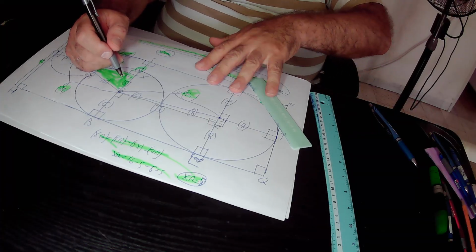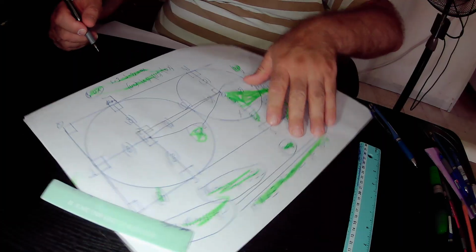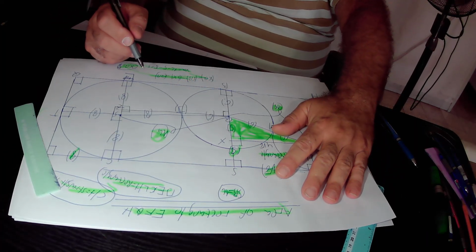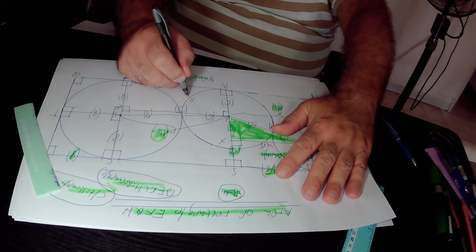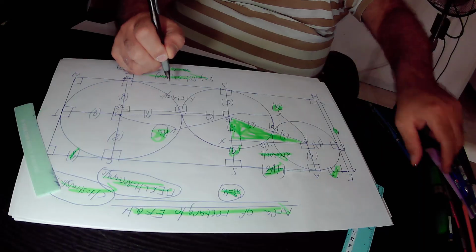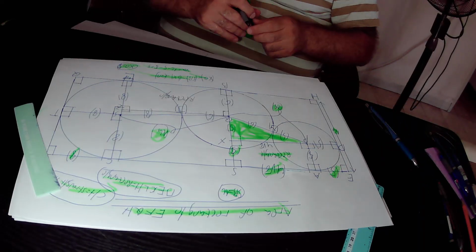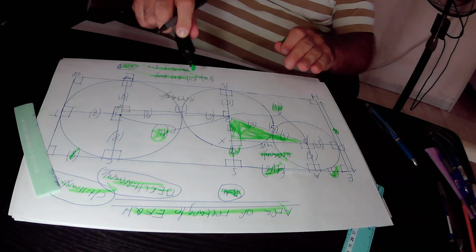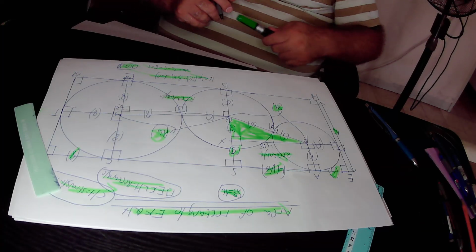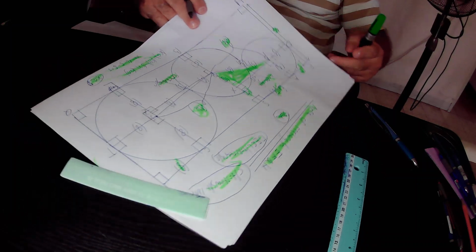So write it down. This is quadrangle QZLB, this is a rectangle. But we also know that the opposite sides of a rectangle are equal to each other.